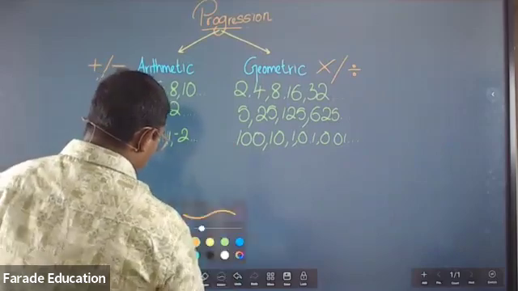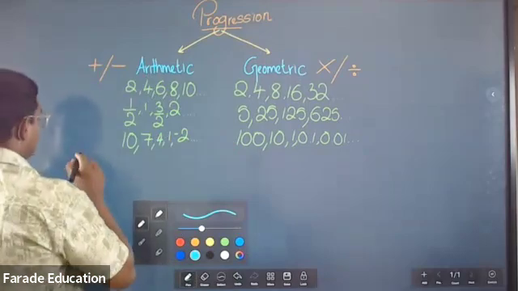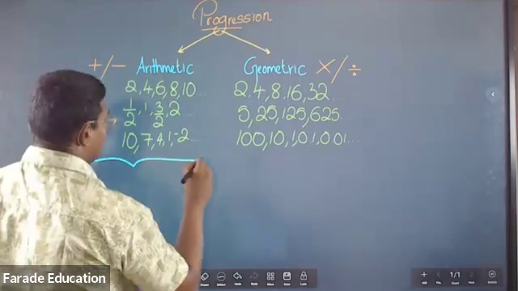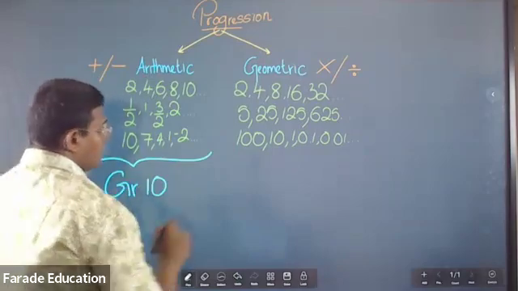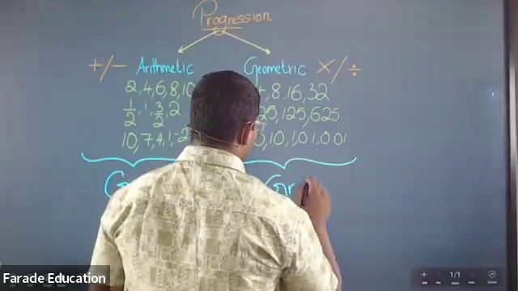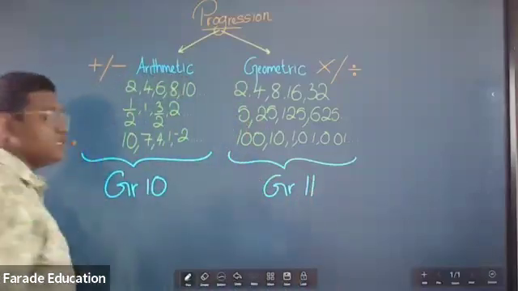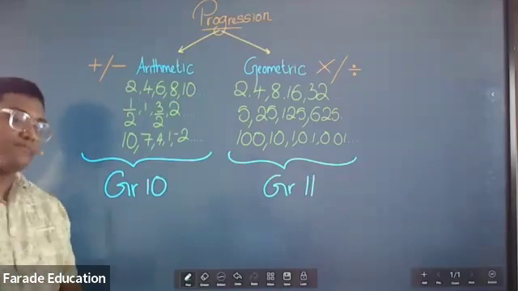Out of this, the arithmetic is what we study in grade 10. Geometric is what we study in grade 11. But both are very simple, small sections.